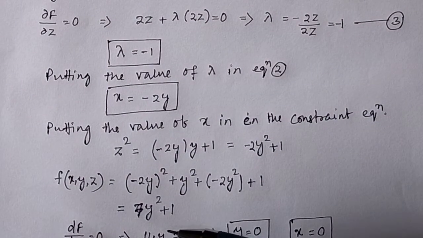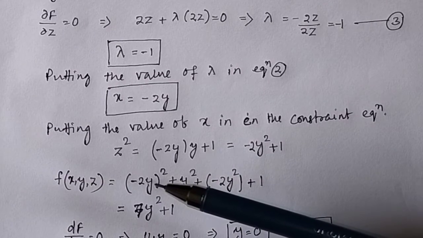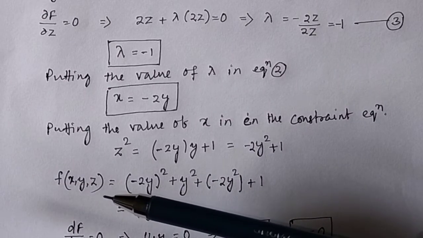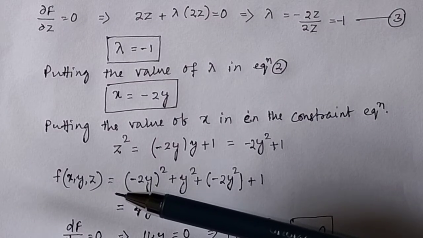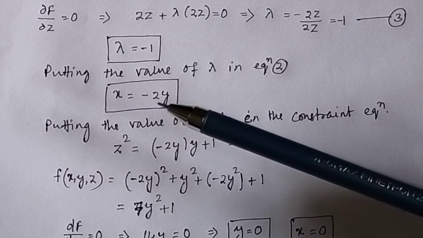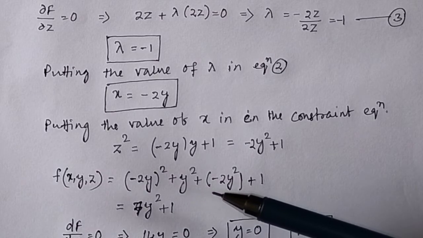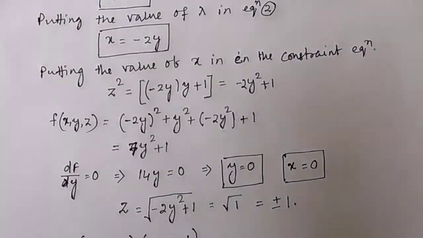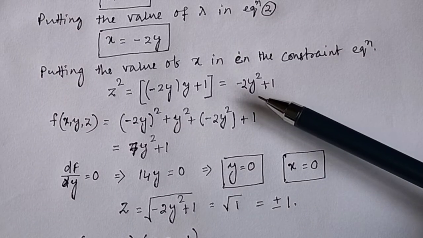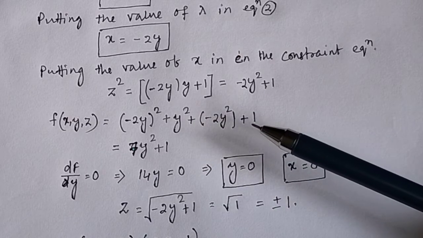We have to find the critical value of this function f(x, y, z), which is x² + y² + z², and x = −2y, so x² will be 4y², plus y², and z² as we found here is −2y² + 1.